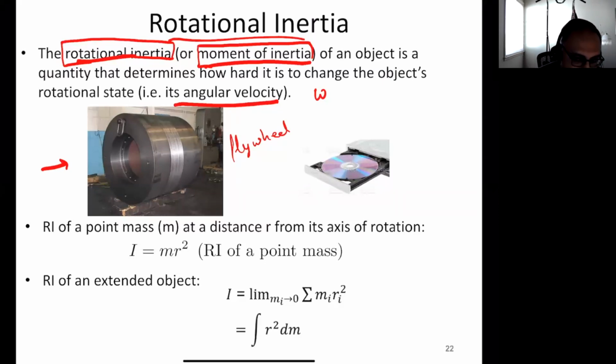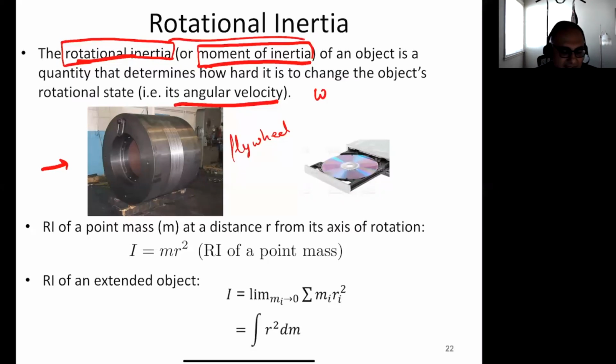And it's constructed in such a way that it rotates practically with zero friction. So you have these very nice ball bearing arrangements, so that there is hardly any friction at all when it's spinning. And I believe when they're actually used, they're put inside an evacuated chamber, so that you also have very little air resistance. So this is designed to just spin with very little friction or air resistance.